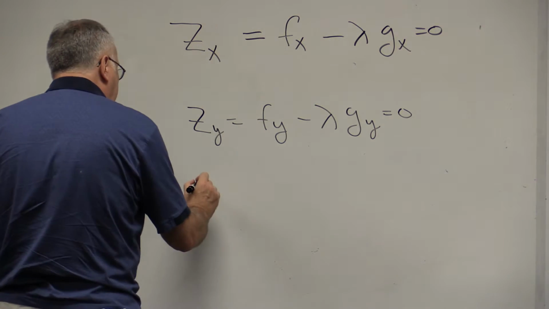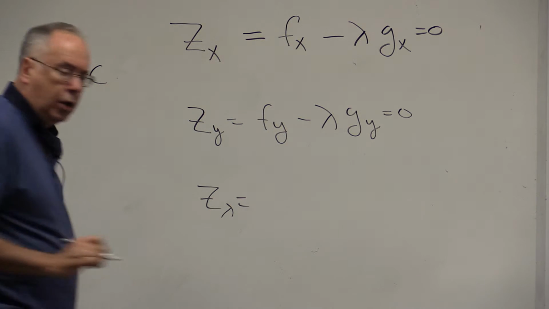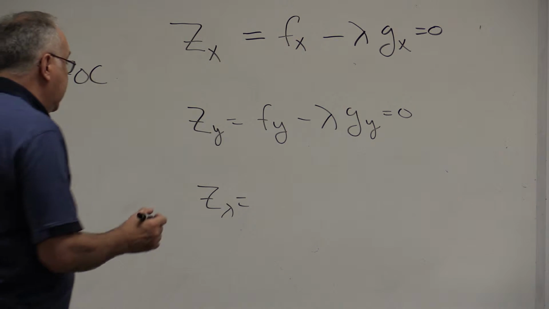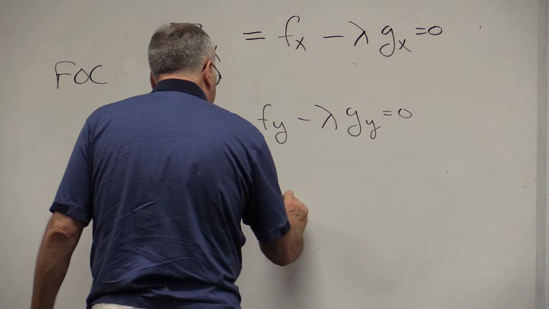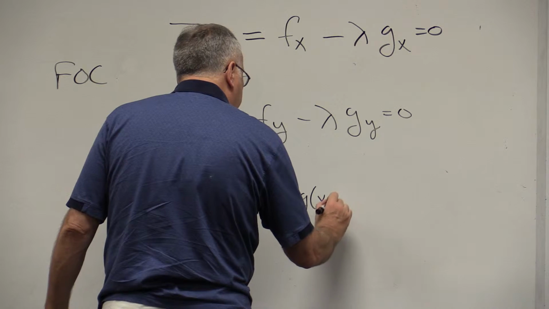And then finally, z sub lambda, the partial derivative of z with respect to lambda, is obviously just c minus g, which is a function of x and y.